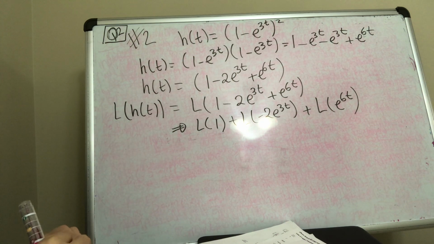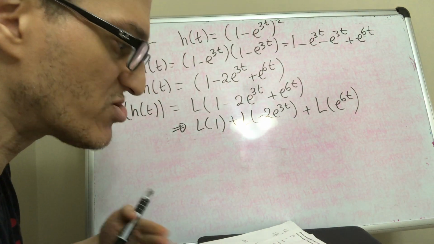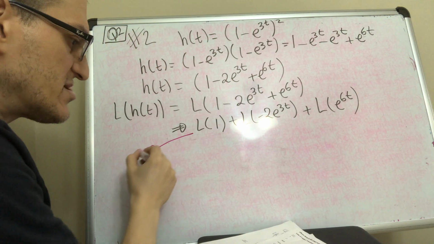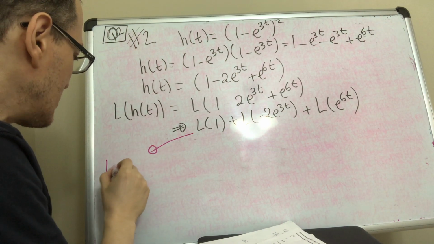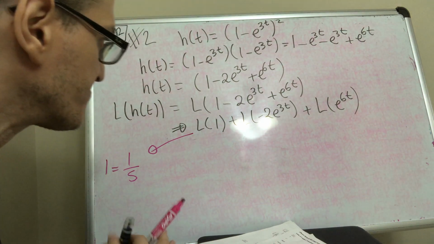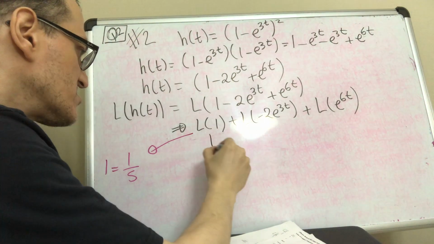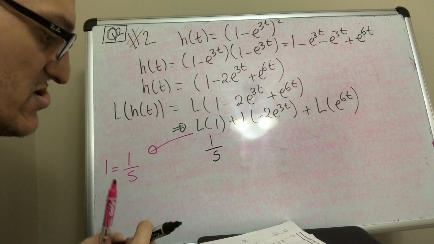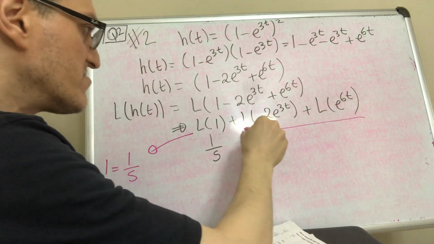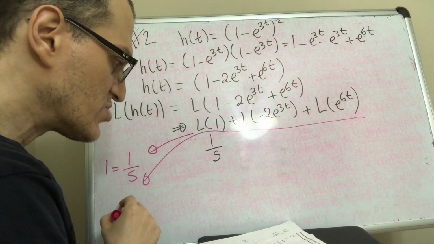Again, looking at the rules, because I just want you to feel more comfortable with the rules. For this one, it's the first rule. If you have 1, it becomes 1 over s. So this one simply becomes 1 over s. For these two, since they're pretty much similar, we're going to use the same rule, and that's rule number 5.